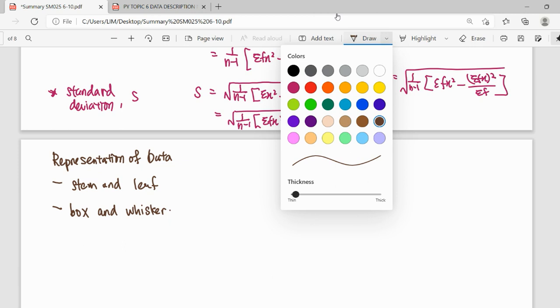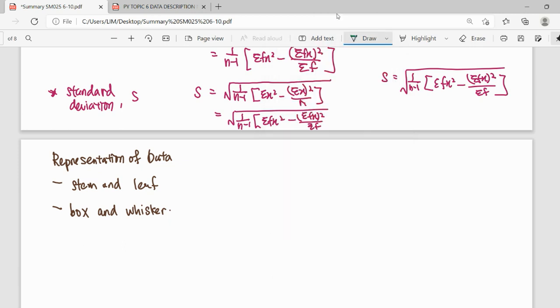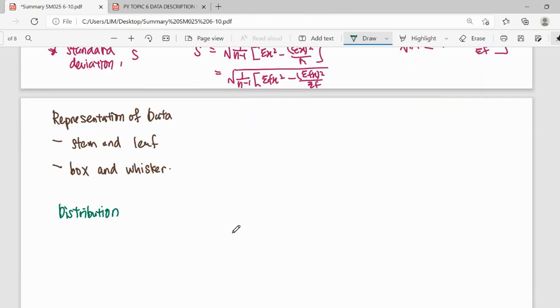When we talk about the distribution part, you will have three types of distribution of your data.